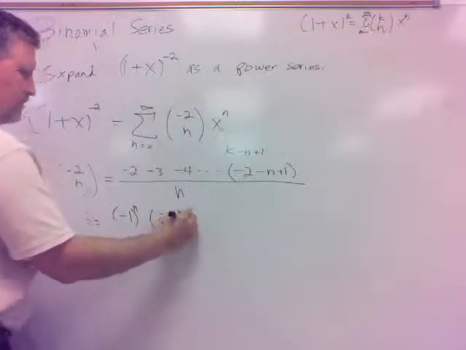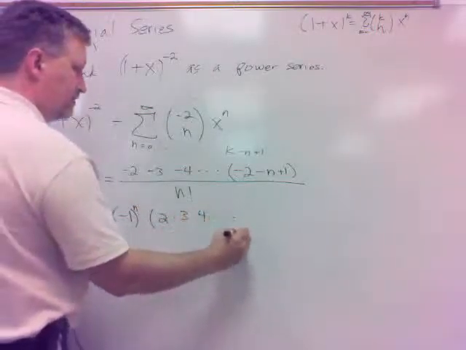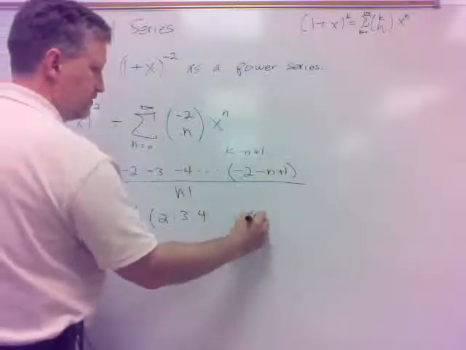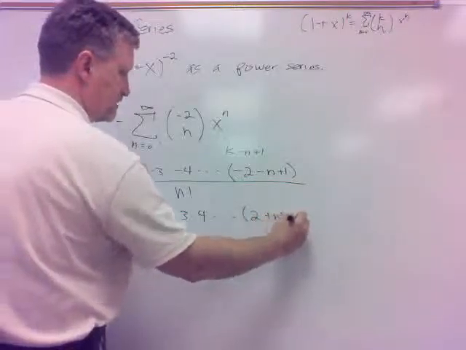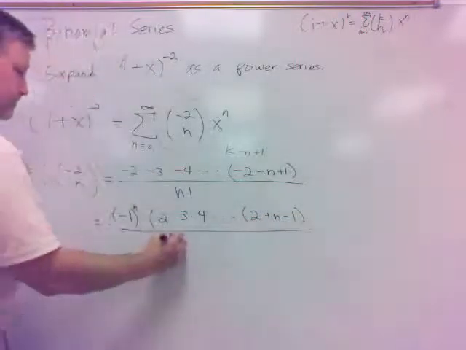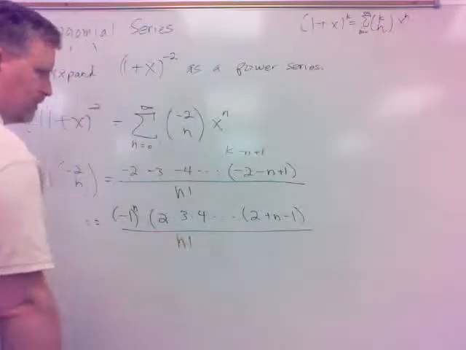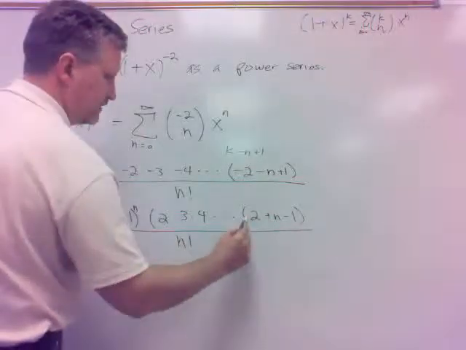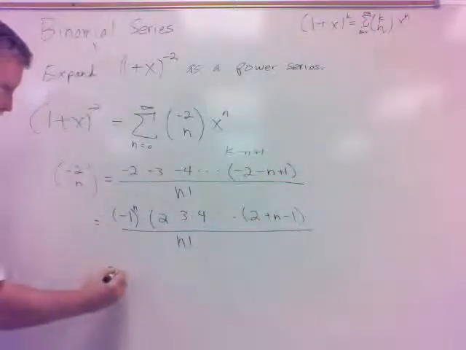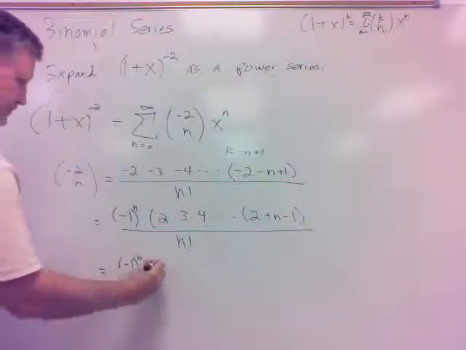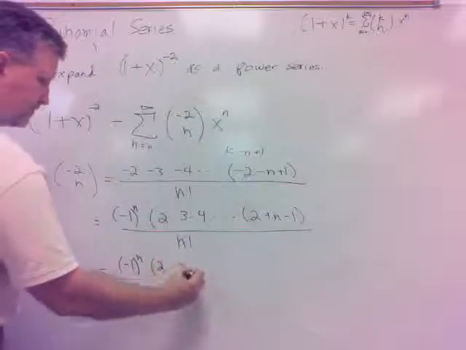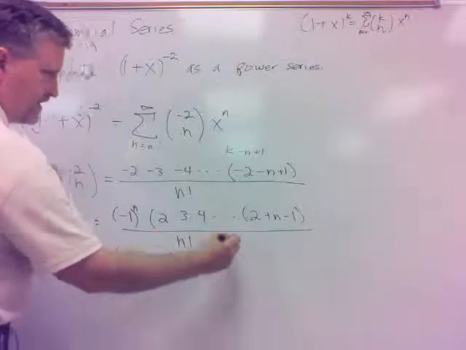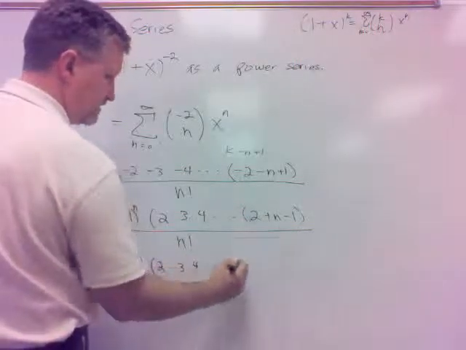Then I have 2, 3, 4, and then 2 plus n minus 1. Which, yeah, I can do a little better on that. That's n plus 1.